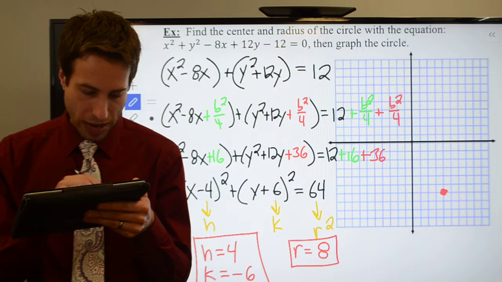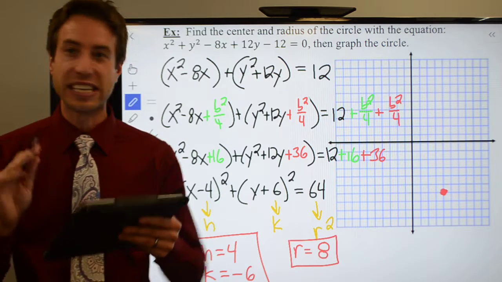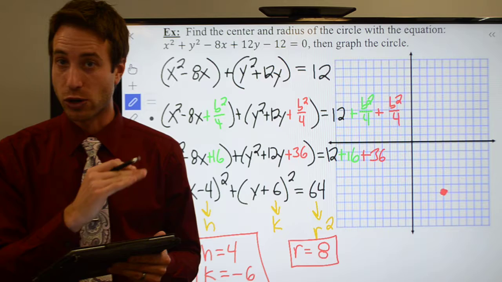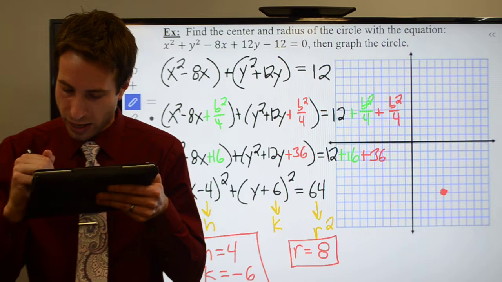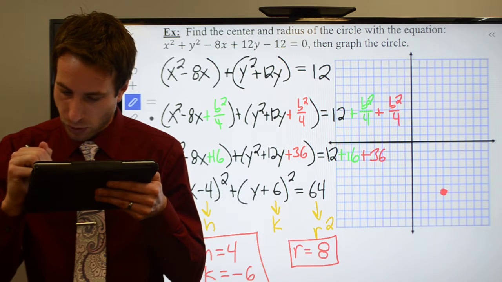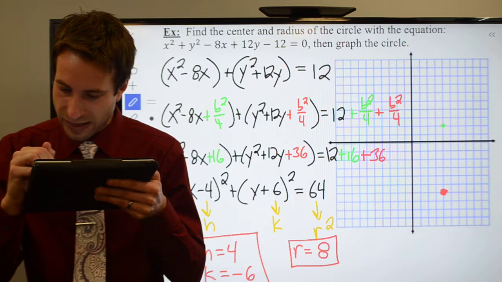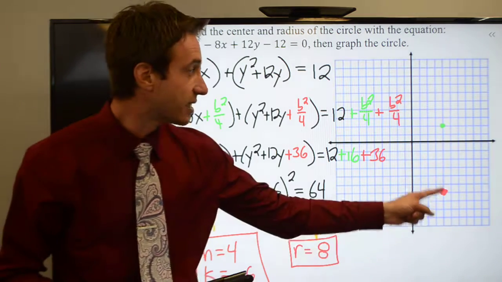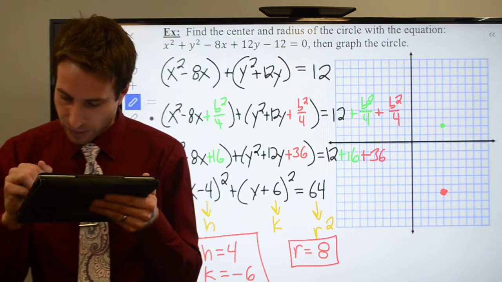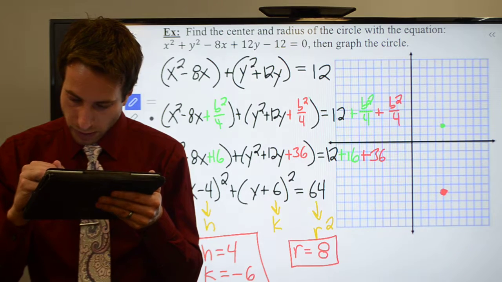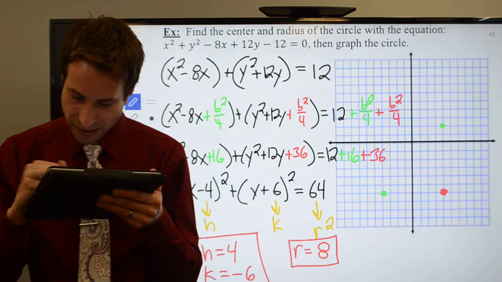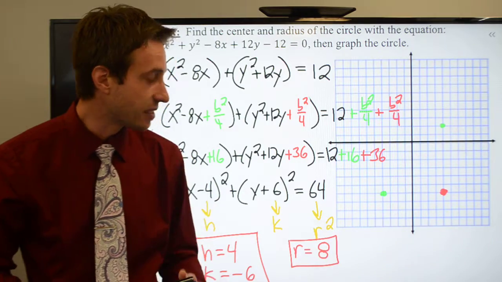And then my radius is 8. Now, the easiest way to count a radius is vertically and horizontally so that I can just count squares. 1, 2, 3, 4, 5, 6, 7. Right there is a distance, a radius of 8. And right there is a distance of 8.